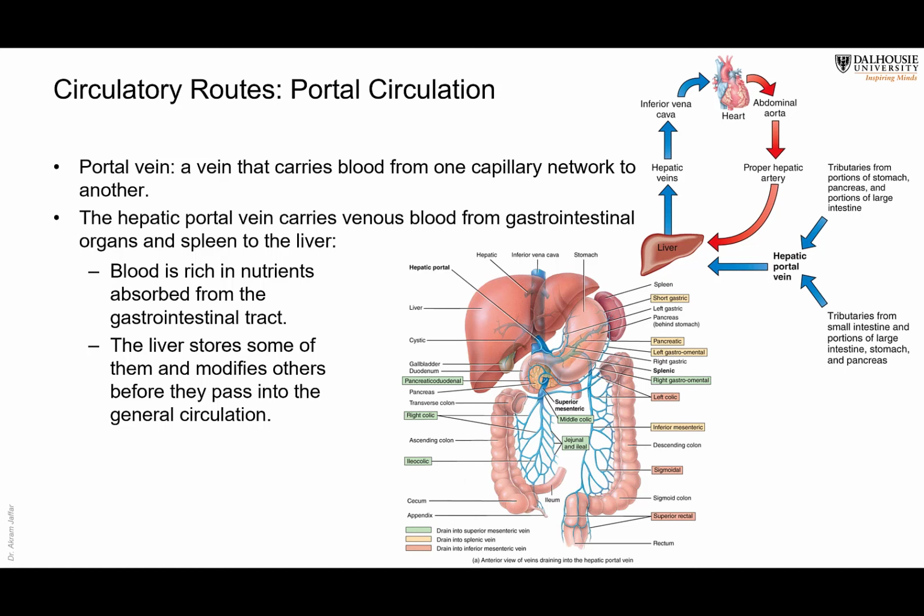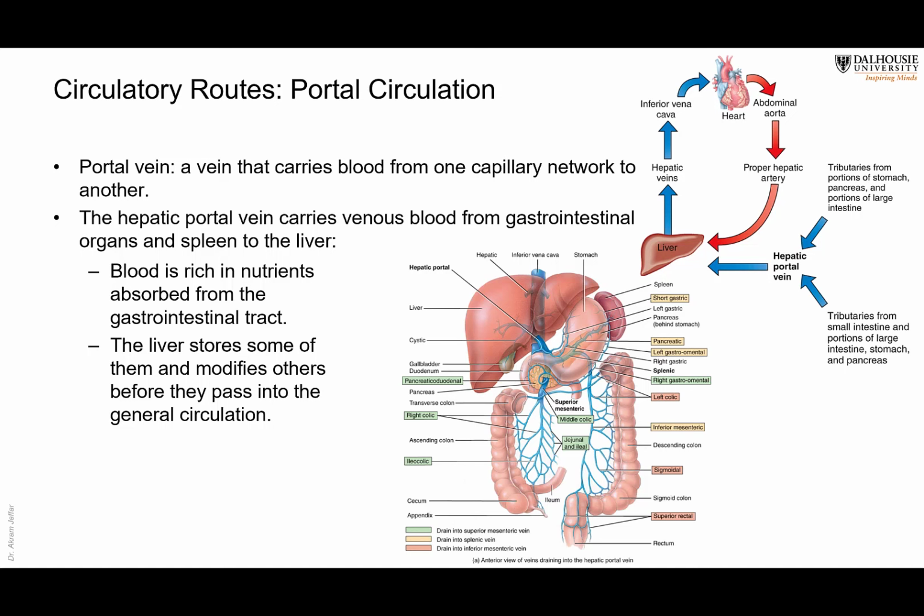What is a portal circulation? It is a vein that carries blood from one capillary network to another capillary network. There was a capillary network in the hypothalamus and another capillary network in the anterior pituitary. That's how the hypothalamus controls the anterior pituitary, through this portal circulation.